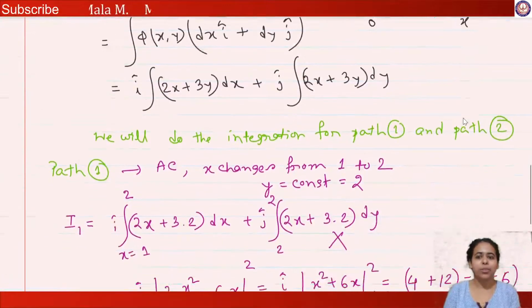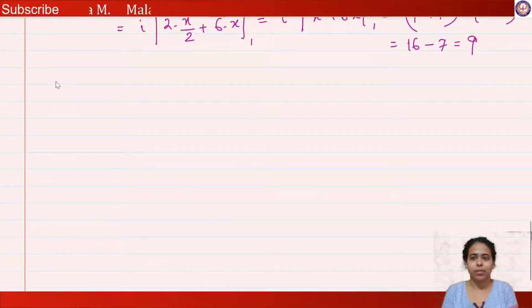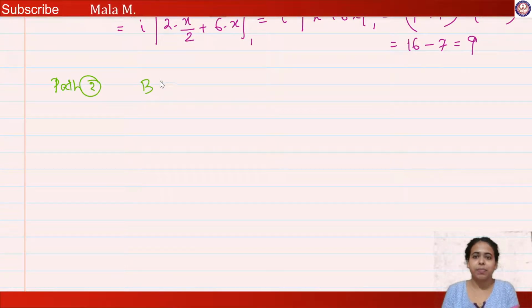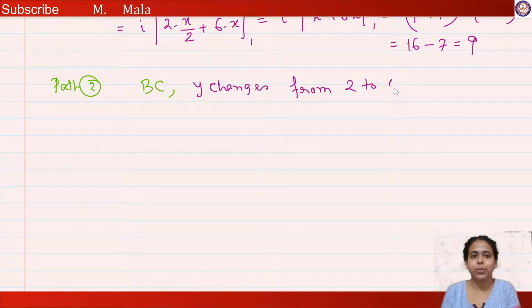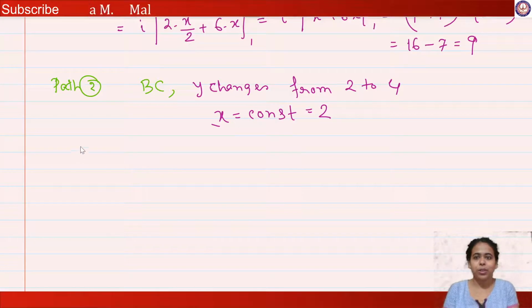So in our path 2, that is CB, y changes from 2 to 4 and x is equal to a constant. What is the value of x? 2. So now if we define this integration as I2, you can simply put x equal to 2.